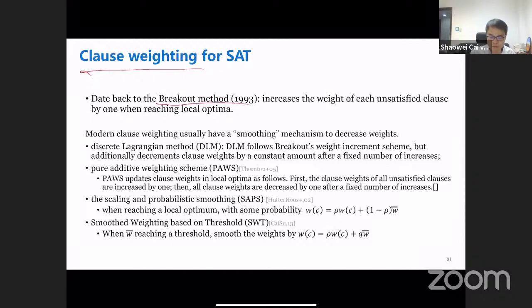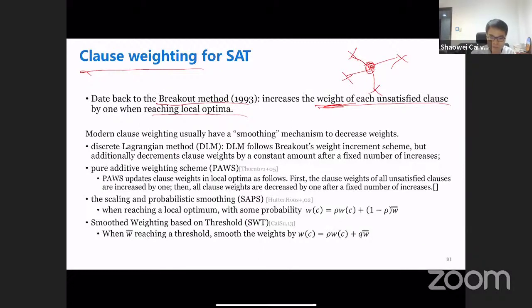Each time it reached a local optimum, which means that in the current assignment all its neighbors are worse than the current assignment, so we cannot find a better way to go, the method increases the weights of each unsatisfied clause. Note that in the original SAT problem we do not have weights, right? These weights are introduced by the algorithm to change the scoring function.